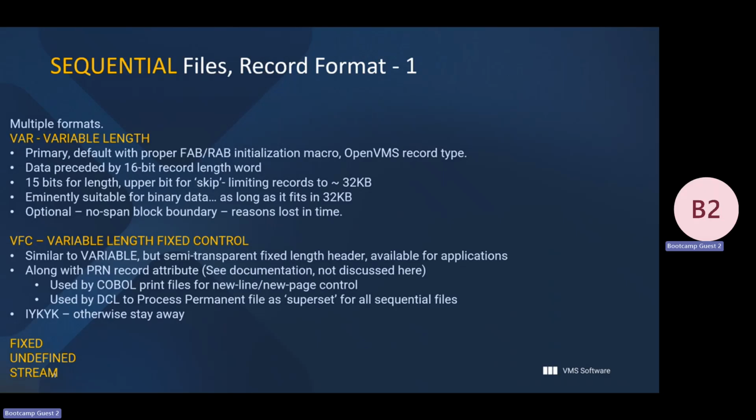If you do the hardcore programming and just say create API, initialize your structures, create a file, that's what you're going to get. In a variable length record, the data is preceded by a 16-bit record length word, PDP-11s again.